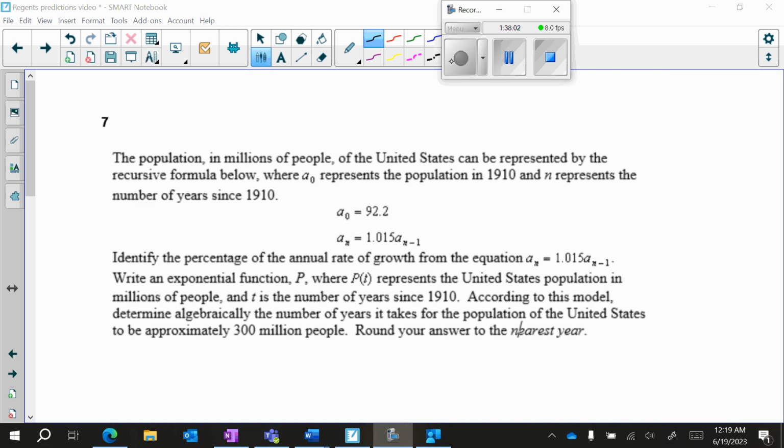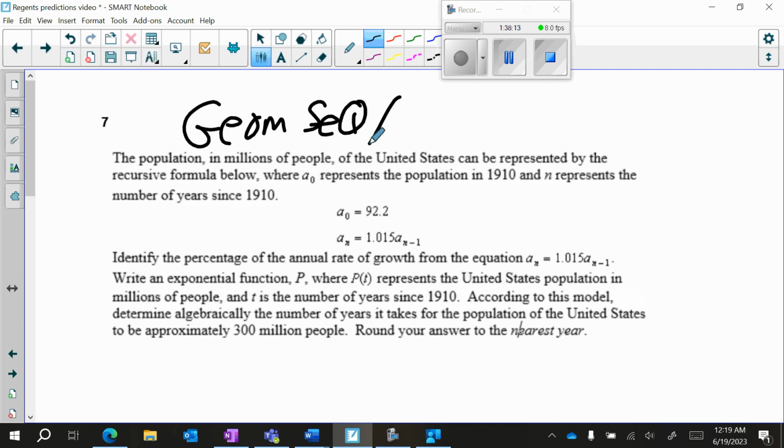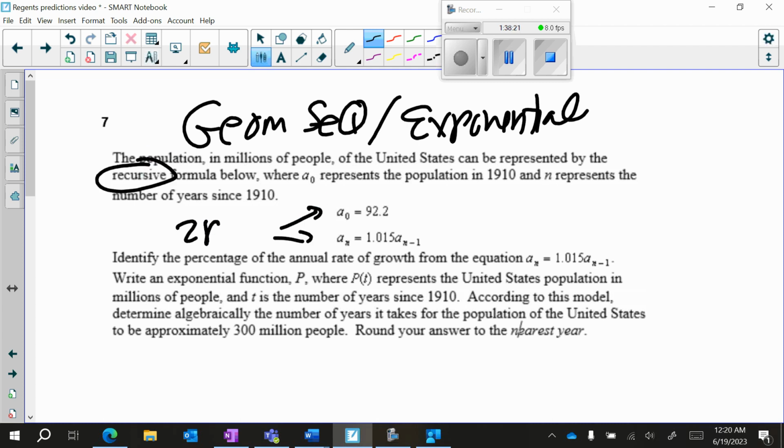Last one. You may also see a 6-pointer where it involves something involving sequences, specifically geometric sequences, because remember we're in Algebra 2. So we have to worry about geometric sequences and how it ties into an exponential function. So here is what we call, again, a recursive formula. Remember, it has 2 parts.